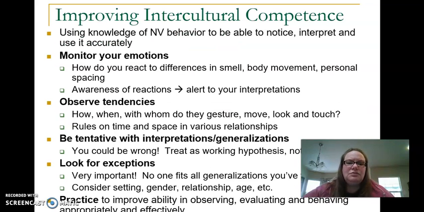Okay? So how do we improve our intercultural competence? Well, the first thing is that we have to use our knowledge of our nonverbal behavior to notice, interpret, and use it accurately. Okay? So how do we react to differences? So I have a huge reaction to differences in spacing.